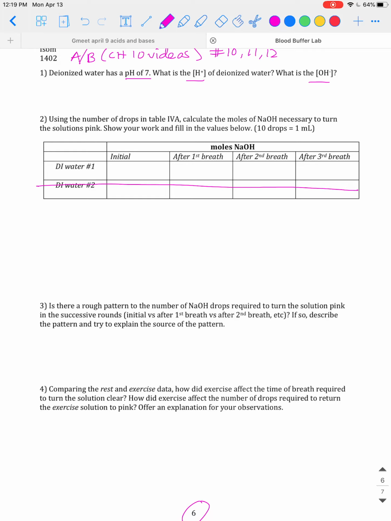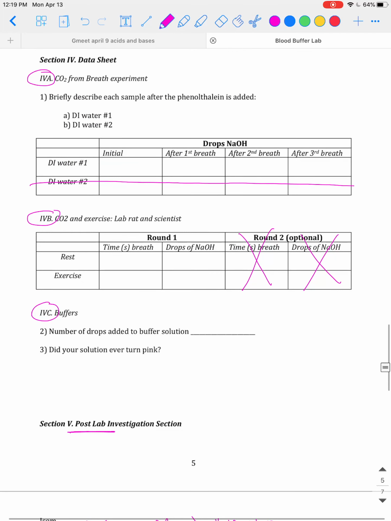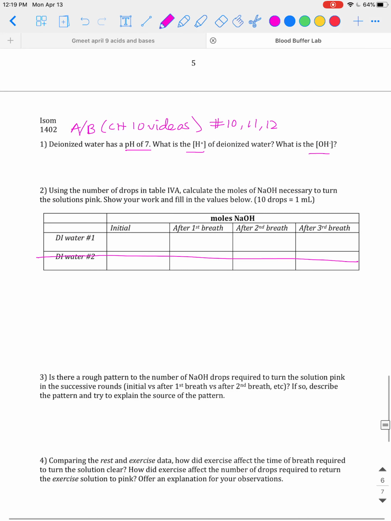Okay, number 2, remember we're not doing trial 2, so we won't fill in any of those blanks. But number 2 says using the number of drops in table 6A up here. So I will have these filled in for you on Blackboard, or you'll be able to get the numbers from the videos as well.